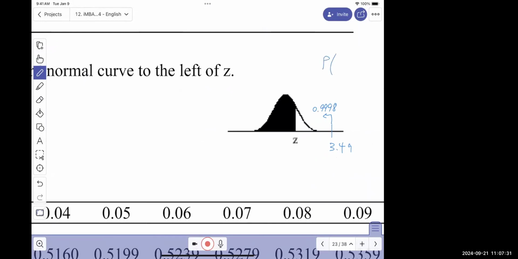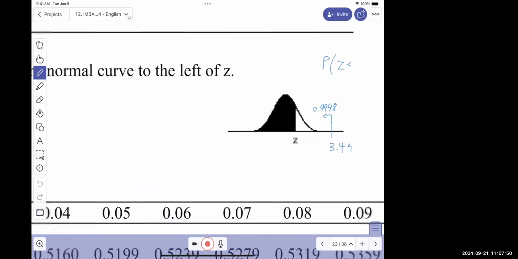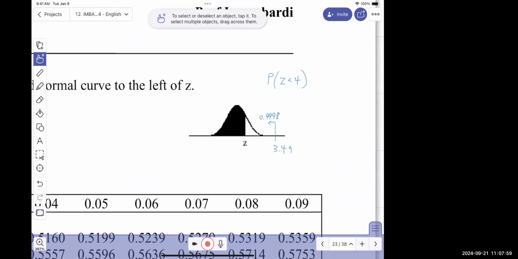Sorry, I put an X here. I meant to put a Z here. Don't confuse yourselves. This is Z. Z less than -4. If I did the same thing here, Z less than 4, what would be the answer? Careful.